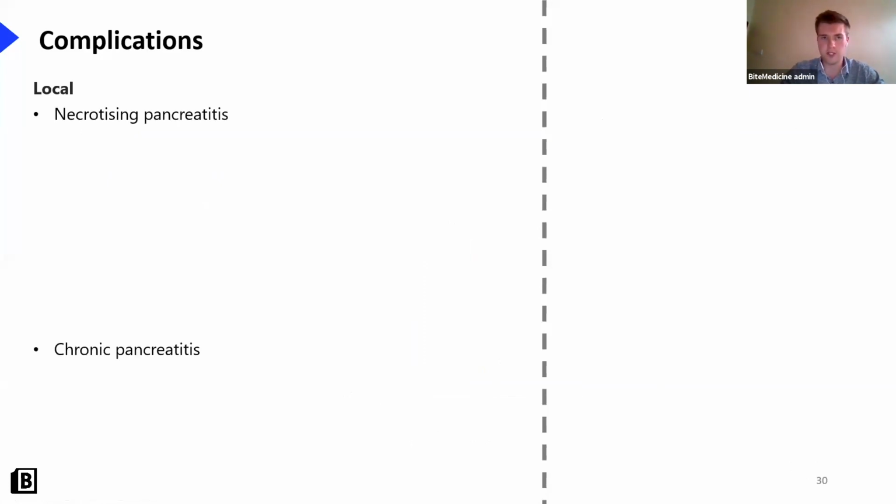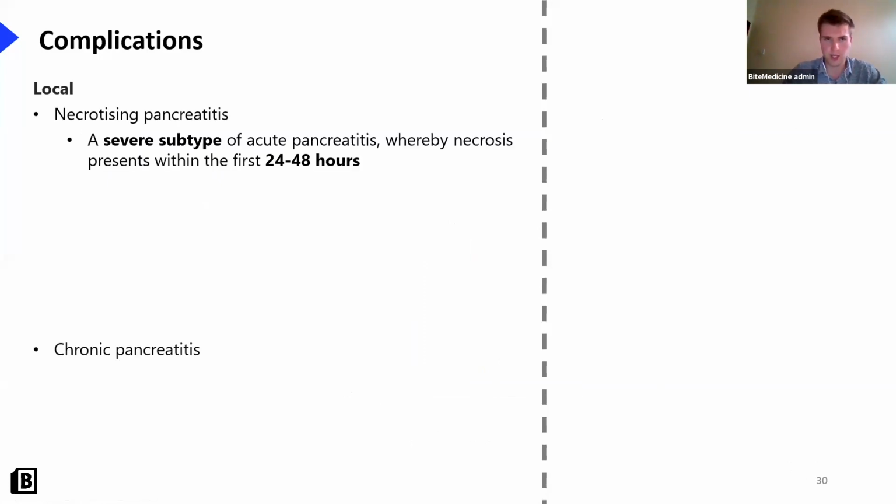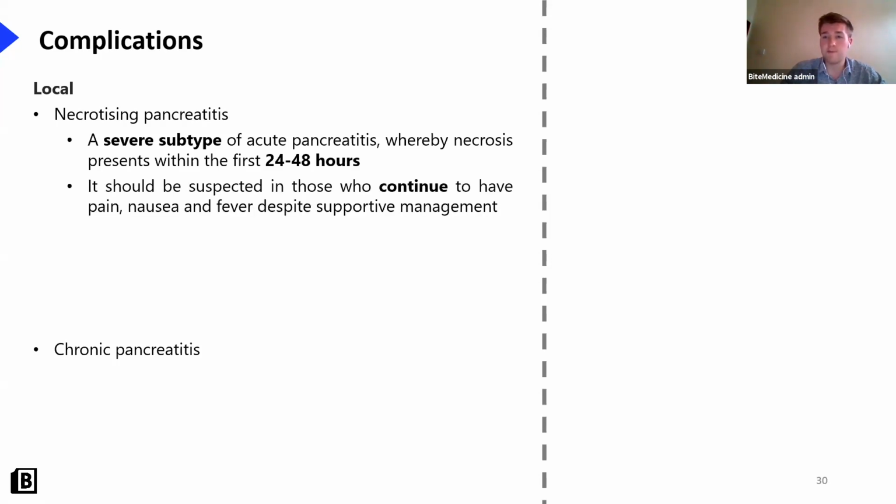So necrotizing pancreatitis. It is a severe subtype of acute pancreatitis, and it's usually where necrosis sets in within the first 24 to 48 hours. So within a couple of days, portions of the pancreas will start to die. It should be suspected in anyone who continues to have symptoms despite your best supportive management.